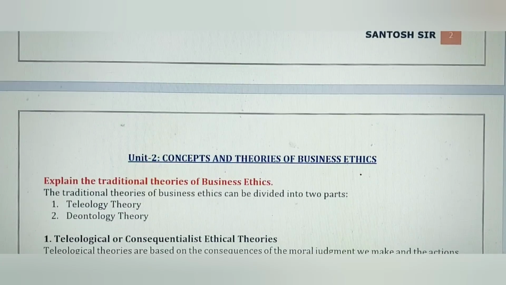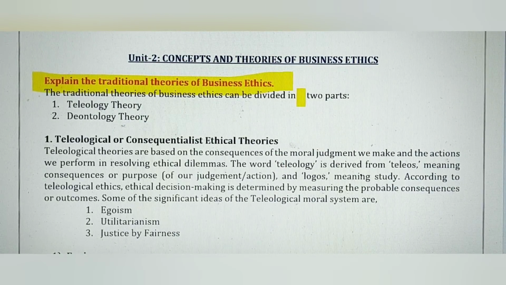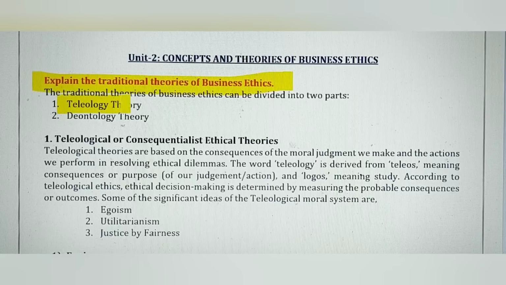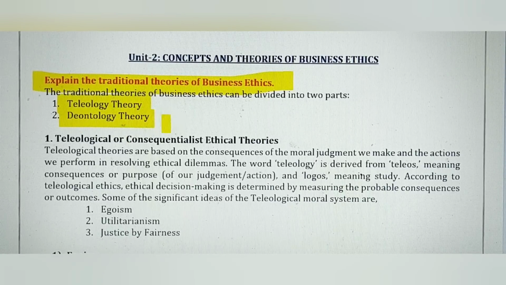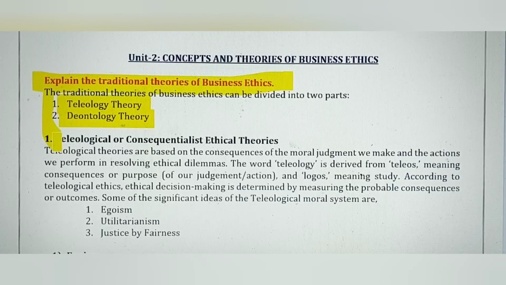Let's move on to Unit 2. Here the question is: explain the traditional theories of business ethics. These two are the traditional theories, teleology and deontology, and you need to expand on them. You can also mention the limitations of these theories and the different subdivisions of this theory.